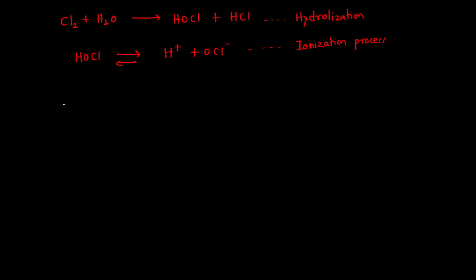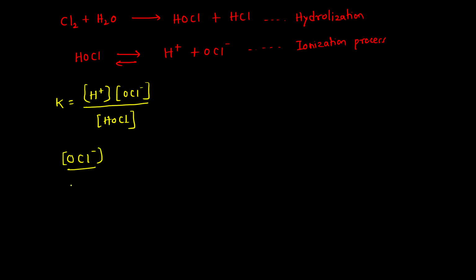Now, if we write the formula for the ionization constant, K is equal to H plus into OCl minus divided by the concentration of HOCl. If we rearrange it, OCl minus divided by HOCl is equal to K divided by H plus.